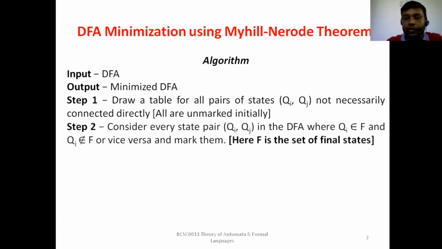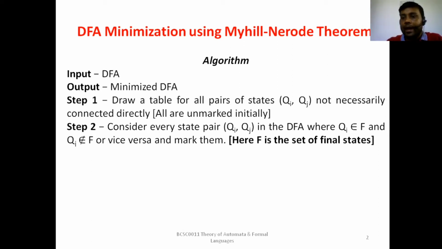The second step is to consider every state pair Qi Qj in the DFA where Qi belongs to F and Qj does not belong to F, or vice versa, and mark them.